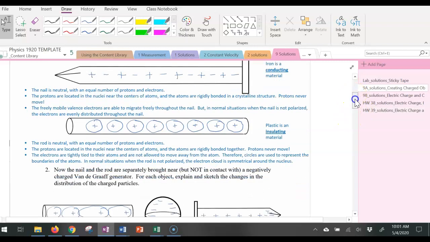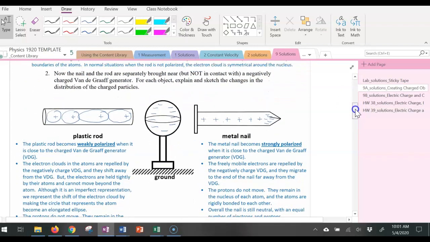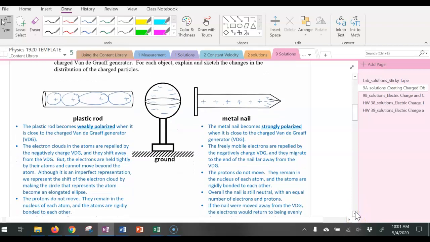Okay, let's look at the next question here. Here in question number 2, the nail and the rod are brought close to a negatively charged Van de Graaff generator. The nail and the rod never really touch this generator.